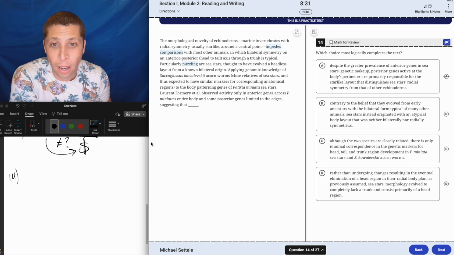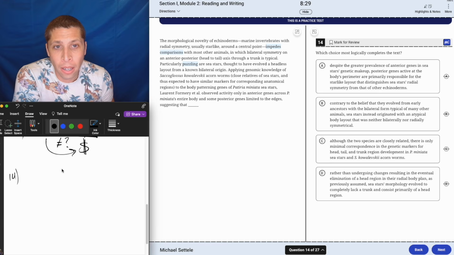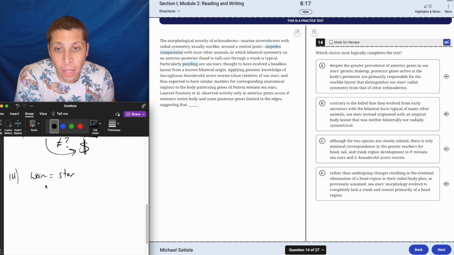What? Okay. So they're saying the worm is supposed to be equal to the star. Observed activity only in anterior genes. So the anterior is the head.